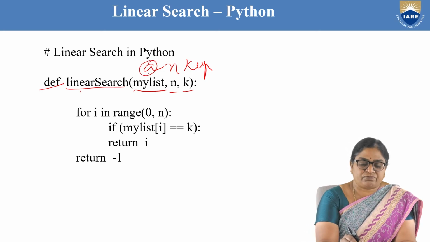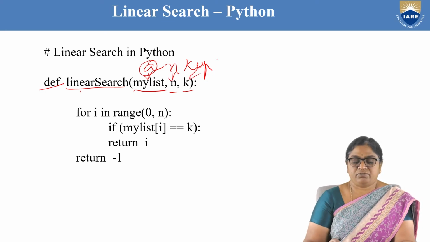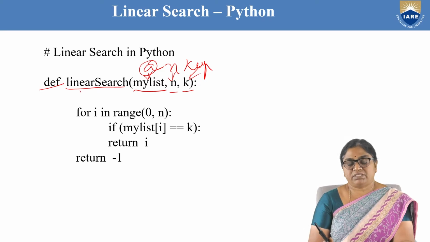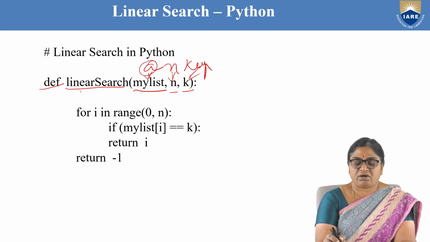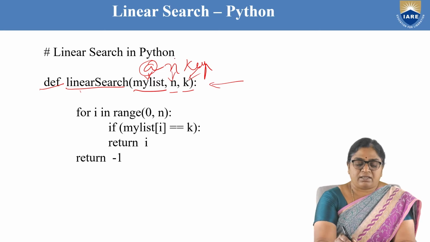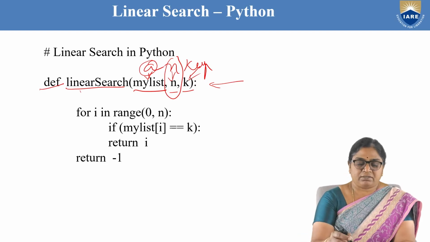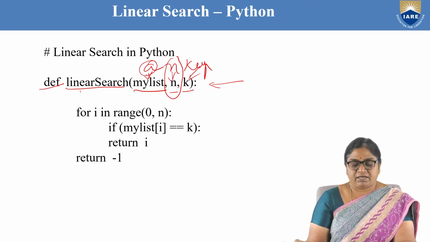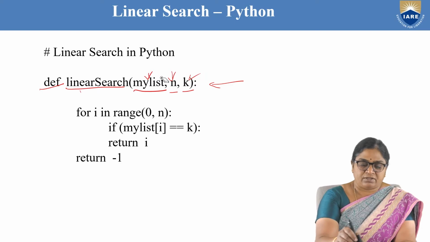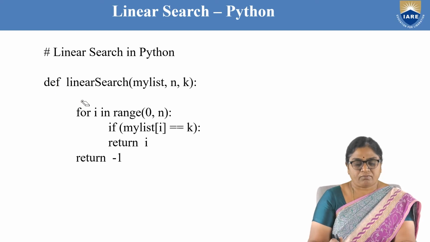Here A will be transferred to my list, N will be transferred to N and key will be transferred to k. We can make use of the same names for the actual and formal parameters, or else we can have different names for the formal parameters. Here for N, both actual and formal parameter have the same name, but the other two parameters have different names, A and k. So my list holds list A and k holds the key element.